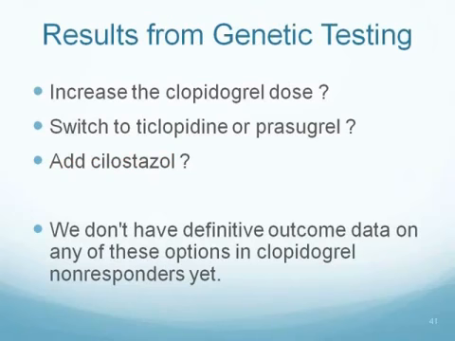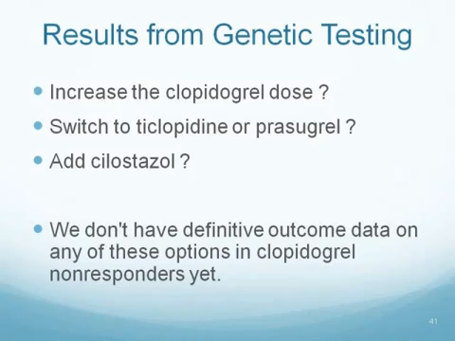The problem is they don't really tell us what to do about it. And so, the question is, should we increase the dose of clopidogrel? Should we switch to ticlopidine? Probably not. But should we switch to prasugrel? But what if the patient is over 75? What then?